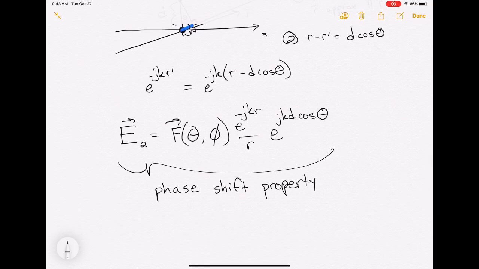And you can actually go through mathematically, starting from the radiation integral, and get the same result here.